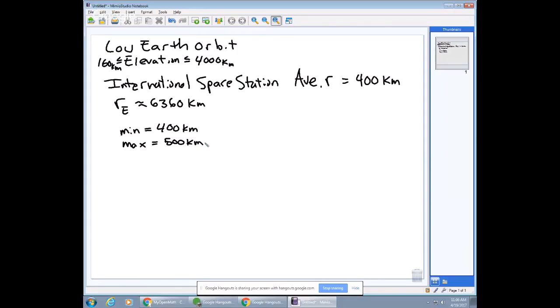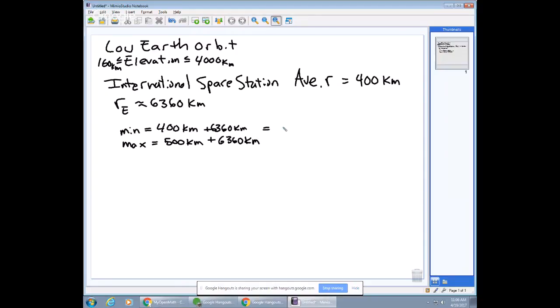Now, really, for our orbit, we're orbiting around the center of mass of the Earth. So let's suppose that is in the center of the Earth. So our min is actually 400 plus the radius, 6,360 kilometers, or 500 plus 6,360 kilometers. So based on the center of the Earth, we want to come up with the path of this object.